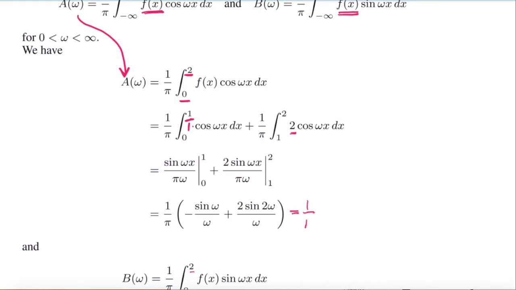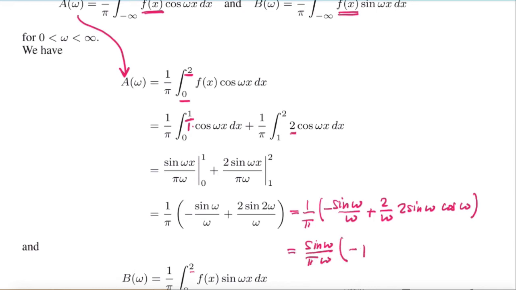So this is 1 over pi times minus sine omega divided by omega plus 2 over omega times a double angle formula, which is 2 sine omega cos omega. And then I can factor out a sine omega divided by omega. So I get sine omega divided by pi omega, and then we have a minus 1 there, and then we get a 4 cosine omega right there.